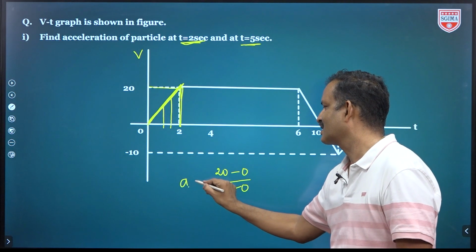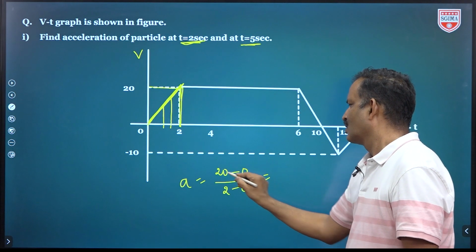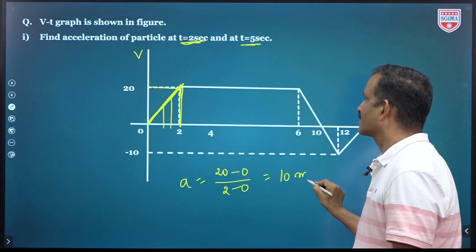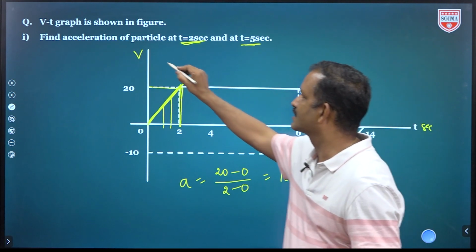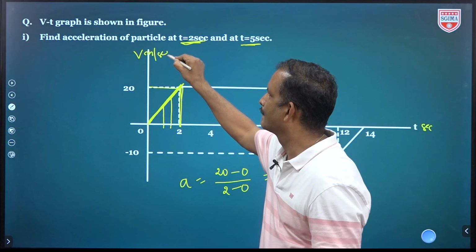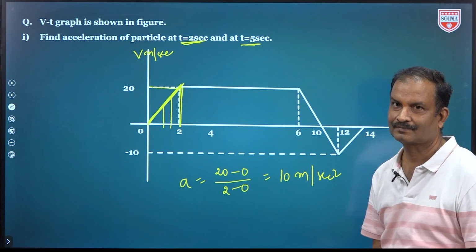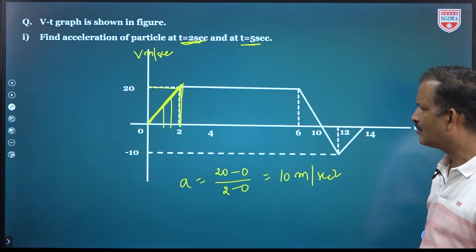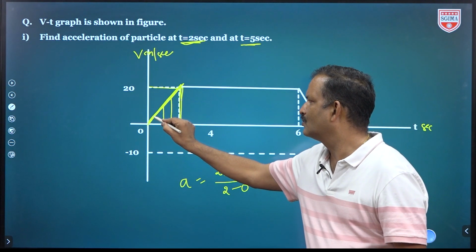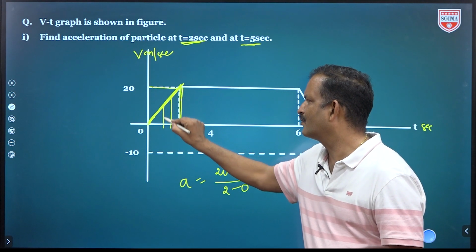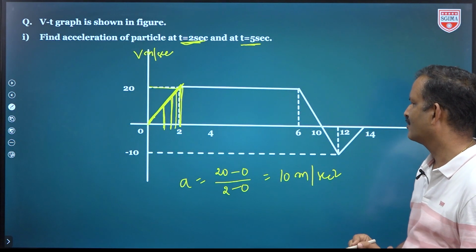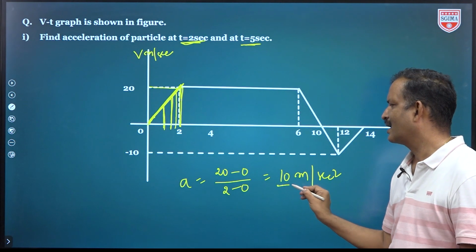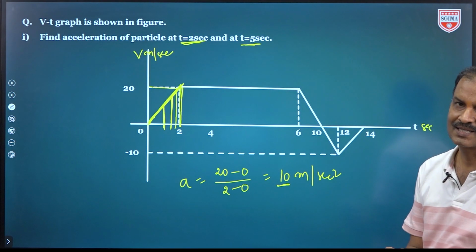So, acceleration is equal to 10 meters per second square. This axis is seconds, this is meters. Not only at 2 seconds, here too, at any point if you consider, the slope is 10, so acceleration is 10 meters per second square.